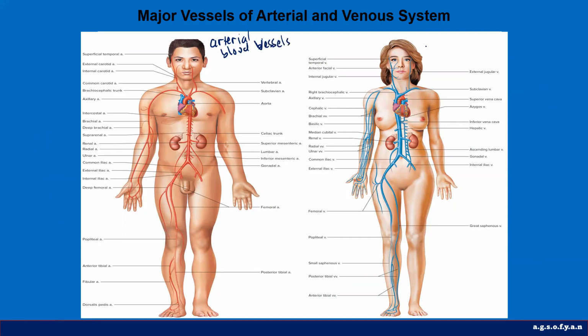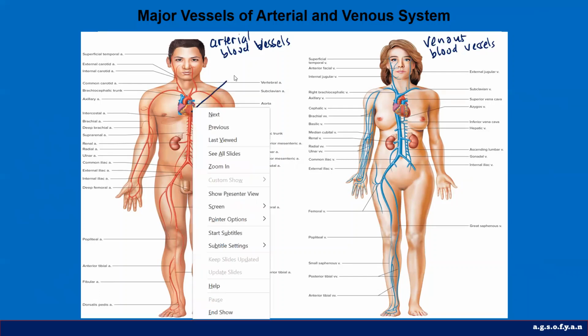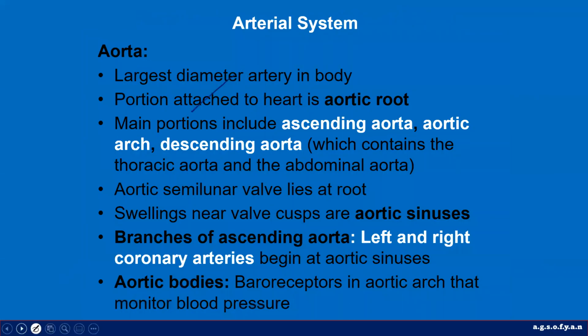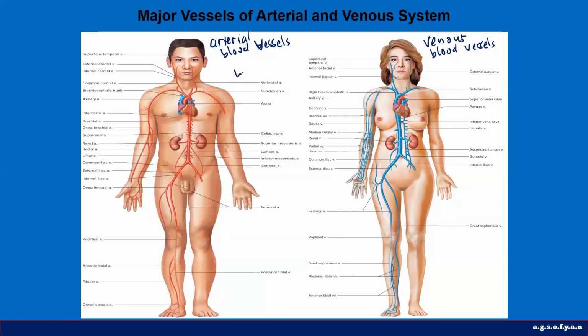And the right side is the venous blood vessel. Okay, for the systemic circulation, the arterial blood vessel is the one that carries blood to the whole body. It will start from the left ventricle.